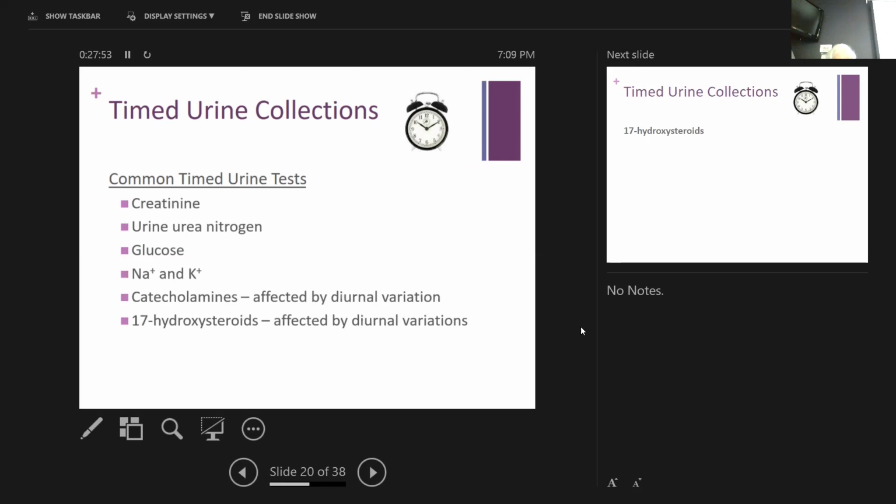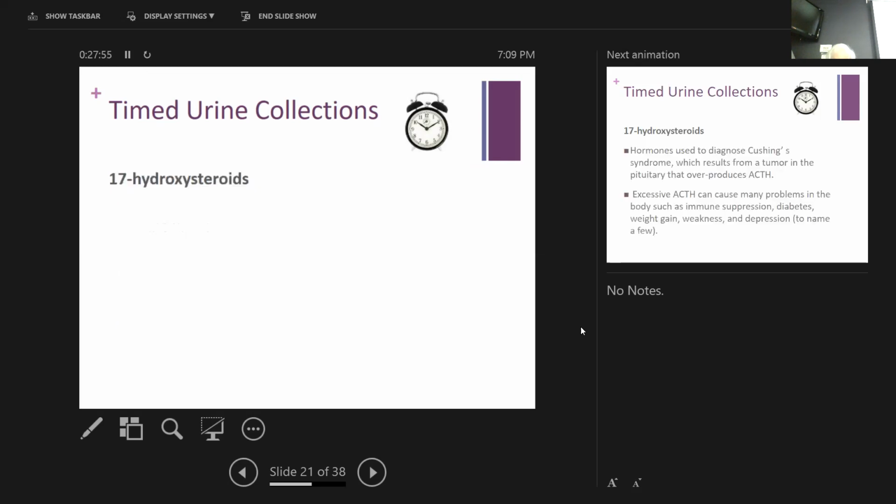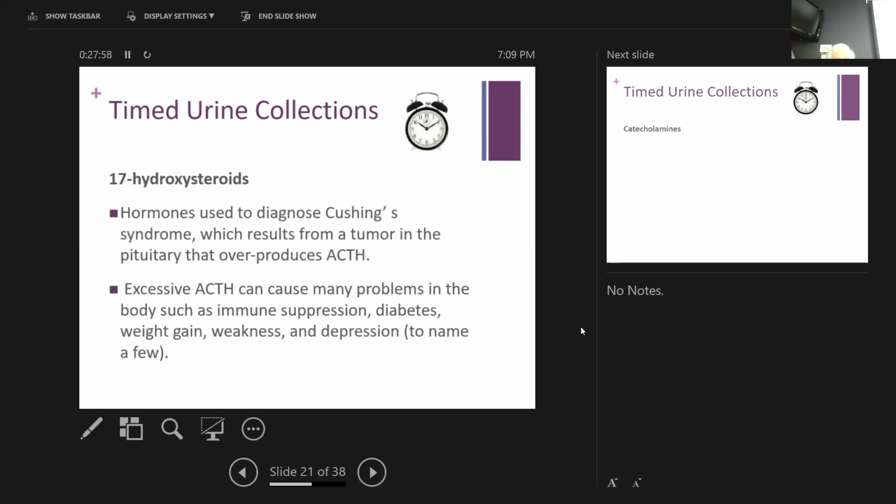And then also the 17-hydroxysteroids, which are hormones that can help us with Cushing's disease, which is a pituitary tumor that overproduces adrenocorticotropic hormone, which can cause a lot of problems. A few include immune suppression issues, diabetes, depression, several things.